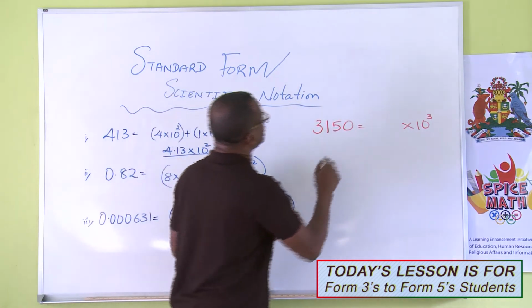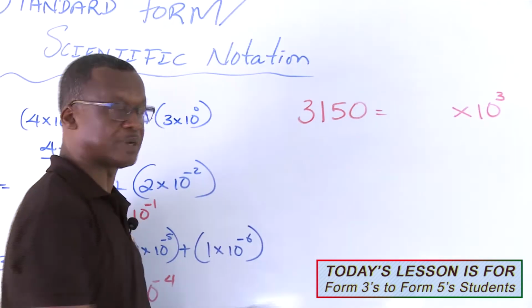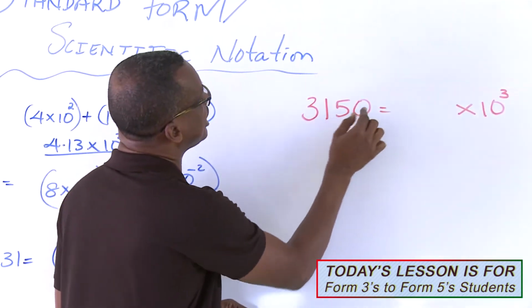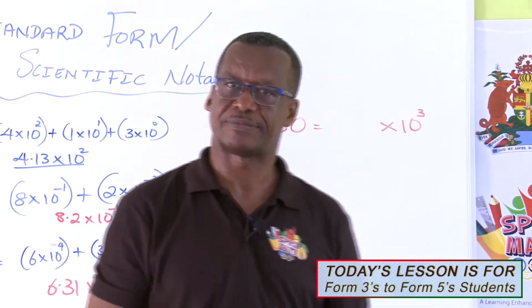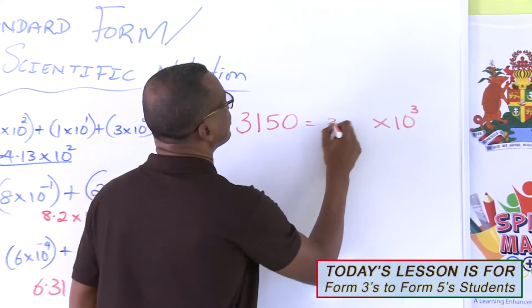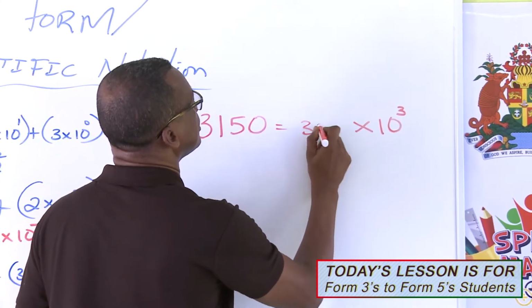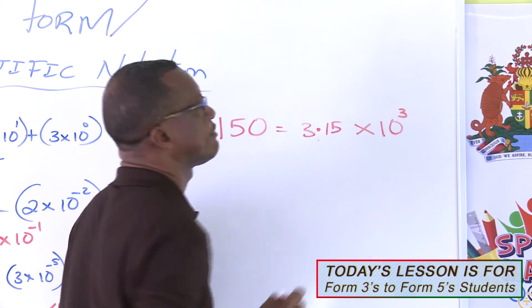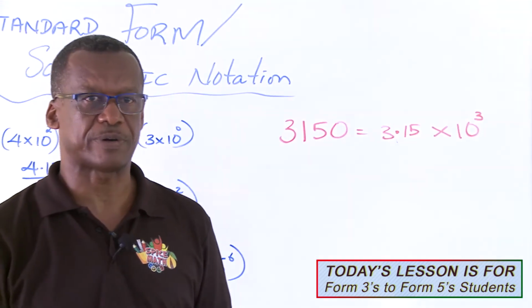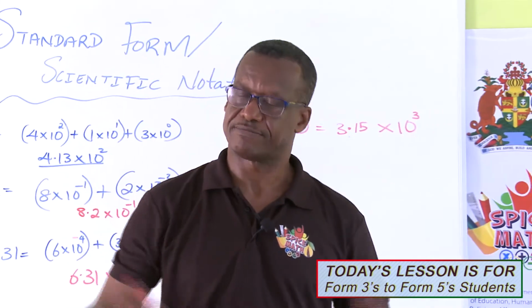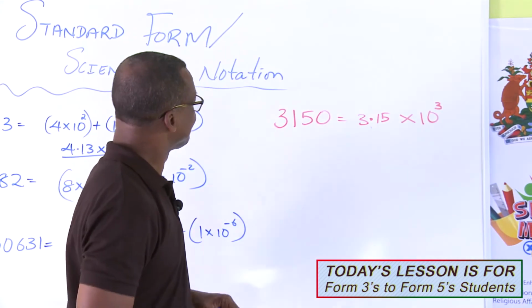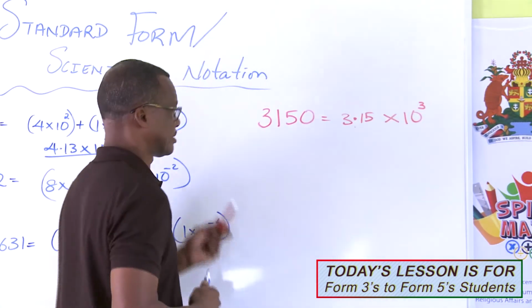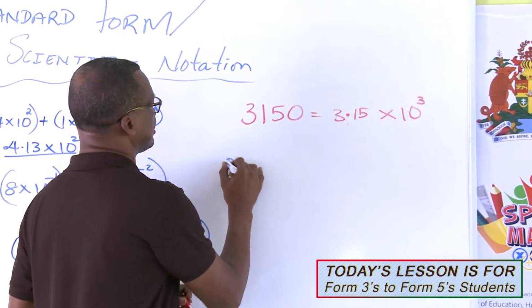It means then, if I am to insert the decimal point in these digits here, it would have to fall between 3 and 1. So I'm going to get 3.15 multiplied by 10 to the power of 3. Voila, that's my answer. Let's do another one. Let's suppose we have this number.